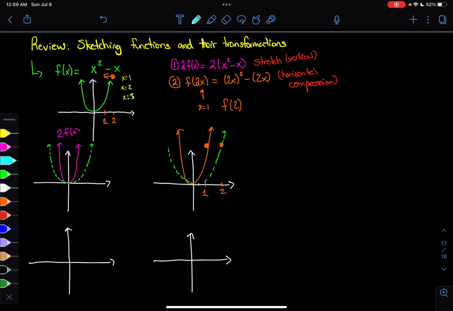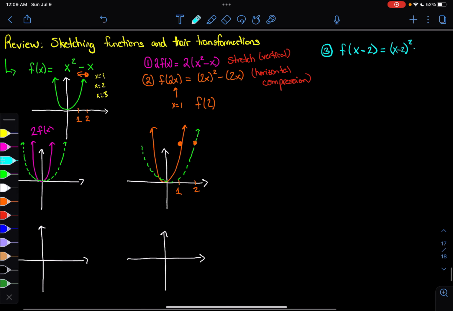Now let's think, what else do we got? Number 3, what could we do? What happens if I take the function and I put a minus, I don't know, 2 on the inside of it, right? What happens if I shift my input? So x minus 2 squared minus x minus 2. Again, where is this coming from? I'm just plugging in x minus 2 for all my x values here.